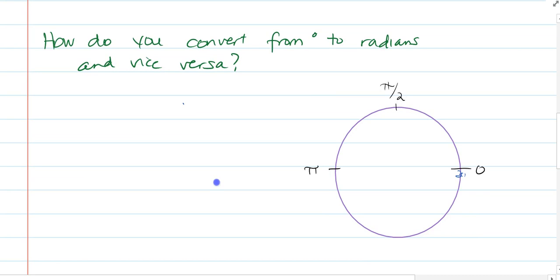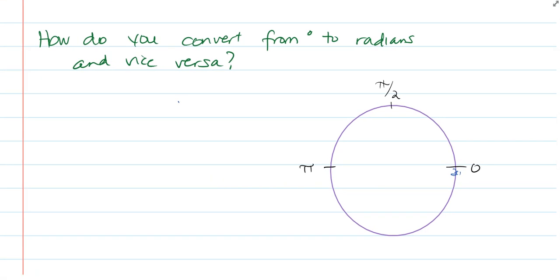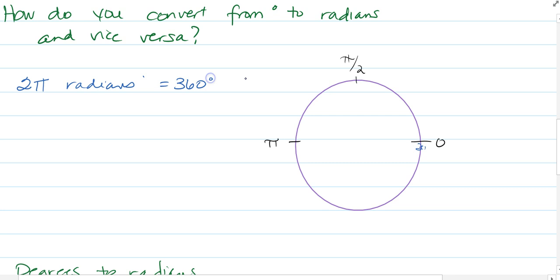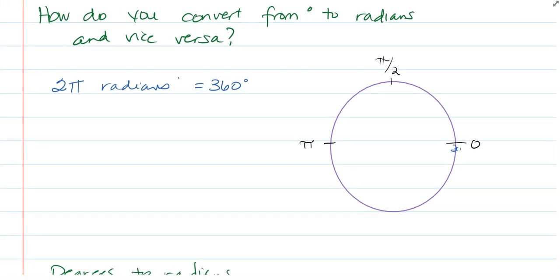So let's cut to the big question. How do you convert from degrees to radians and vice versa? Well, it's really easy, sort of. Let's say there's 2 pi radians in 360 degrees. So let's find out how many radians are in 1 degree.